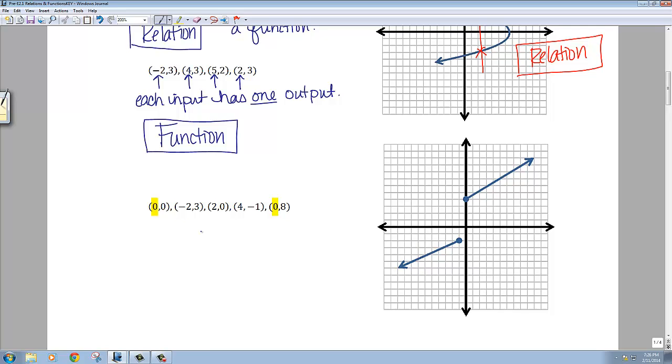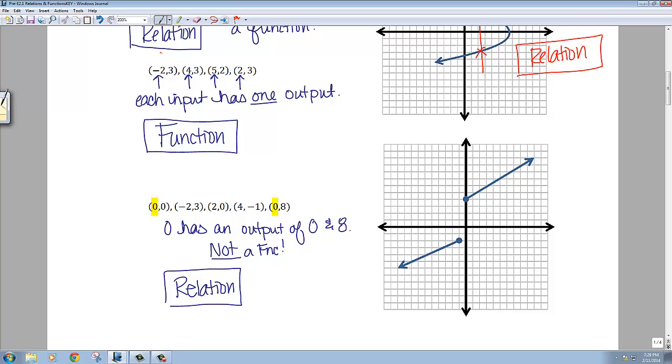And 0 cannot go two places and be a function. So I'm going to put here 0 has an output of 0 and 8. So since there's an input that has more than one output, that means this is not a function, which means that it must be a relation.